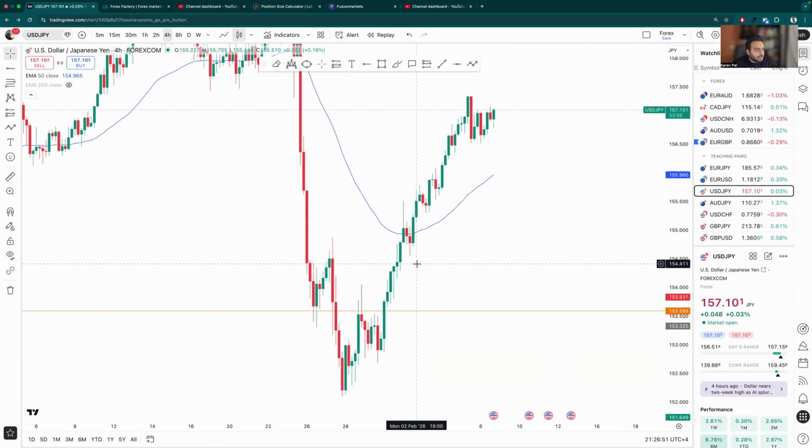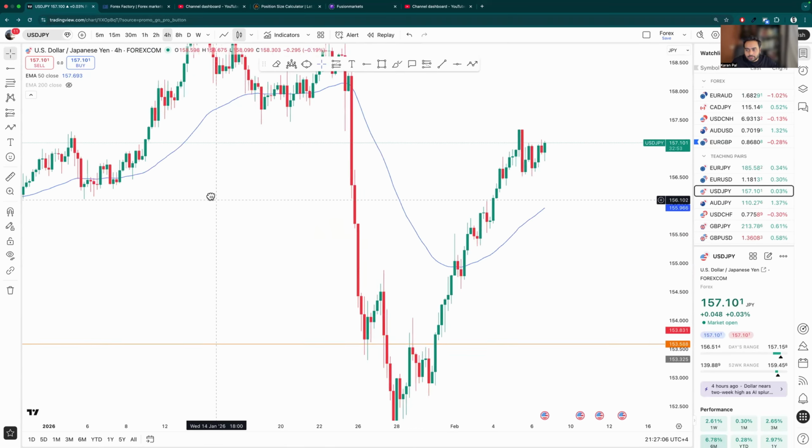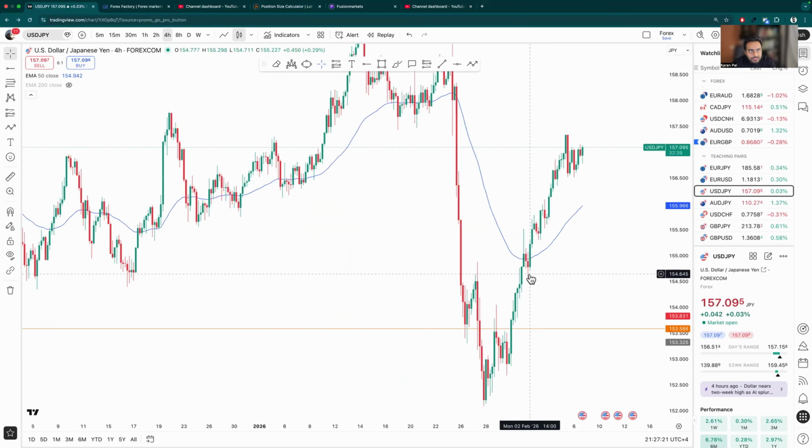Now, when I come to this, I can see there's a lower high, there's a lower low, there's the structure in between, and then there's a higher high, and this one is a higher low. It's as clear as this. I don't have to go in history and then look at this. I hope this clears your question. Please practice this. I've been saying this again and again. This is very important.